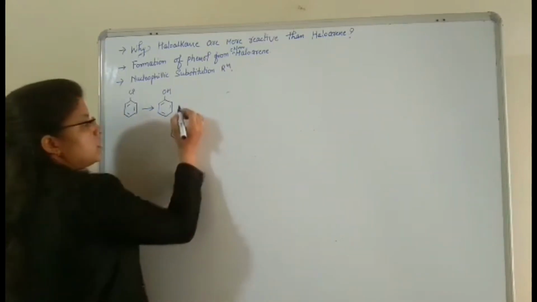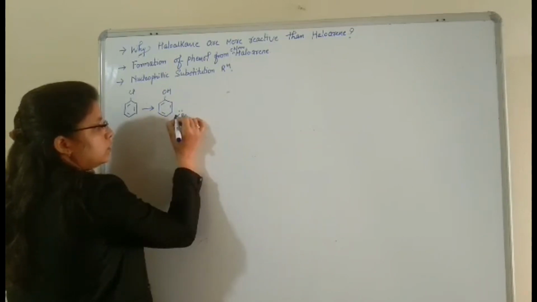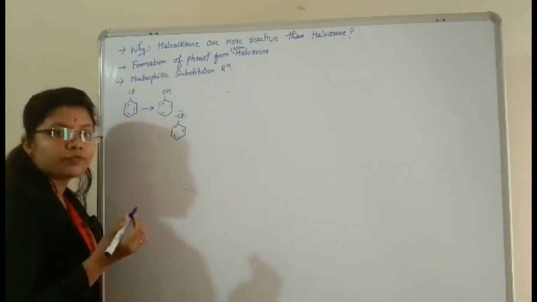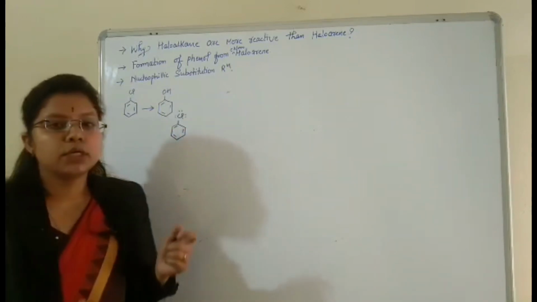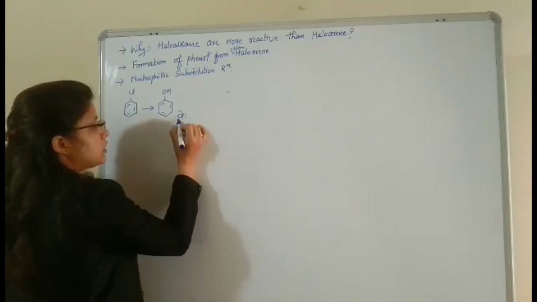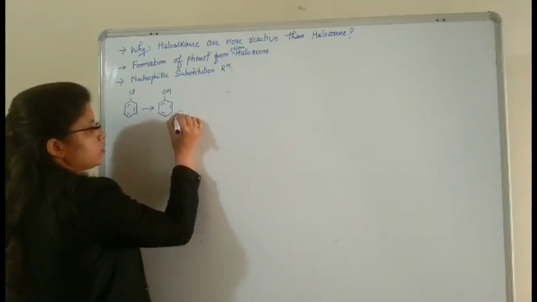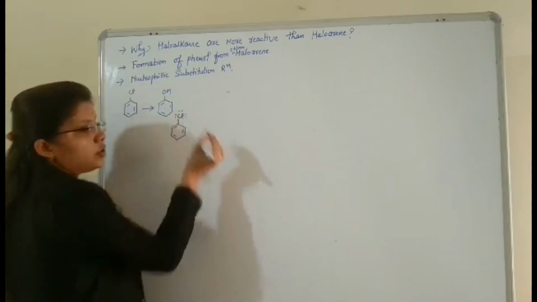In this chlorobenzene, we know that chlorine has atomic number 17. So in the outermost shell of the chlorine, 3 lone pairs of electrons are there, right? And 1 electron is shared with this carbon of the benzene ring. So now 8 electrons are present in the outermost shell of the chlorine.